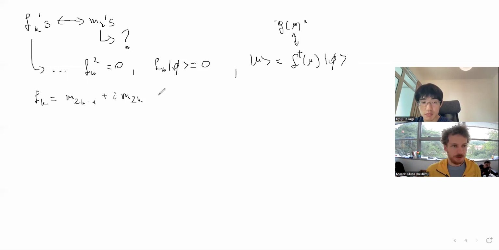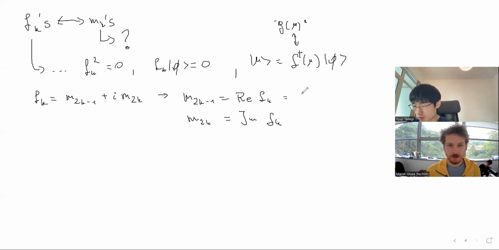And now what you see is that in some way you could say that M2k minus 1 is formally the real part of Fk, and M2k is the imaginary part of Fk. Why? Because if I take 1/2 of Fk plus Fk dagger, then I will get exactly that.